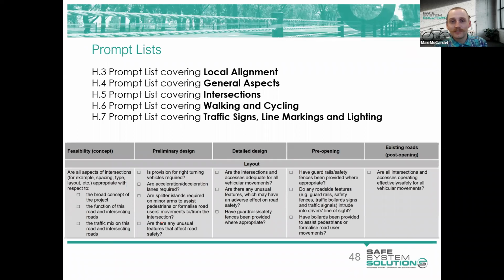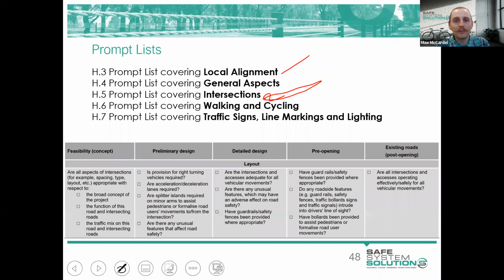There's also specific prompt lists for general themes. So if your project has to do with an intersection, it would be worthwhile flicking through the prompt list that covers intersections, because that will actually cover general questions relating to that specific theme.